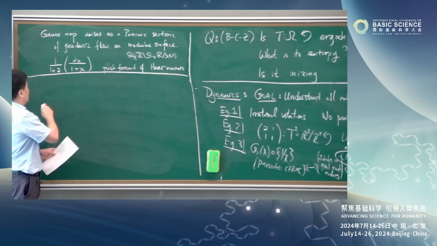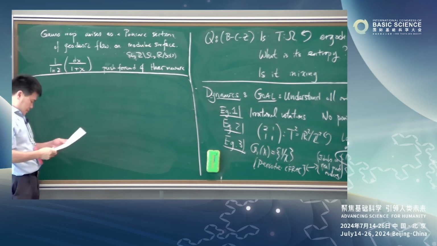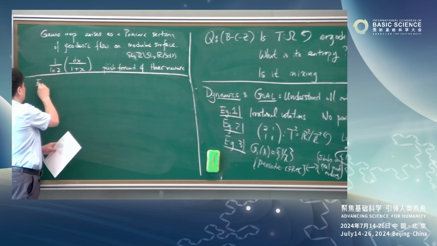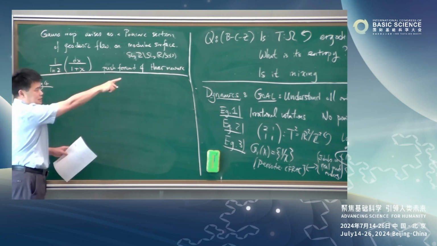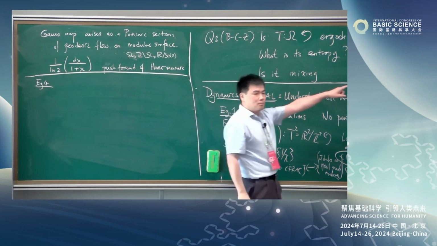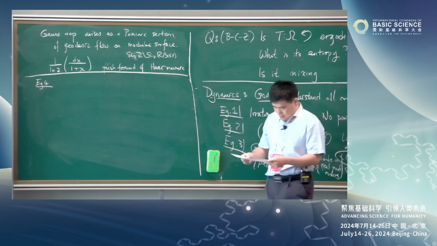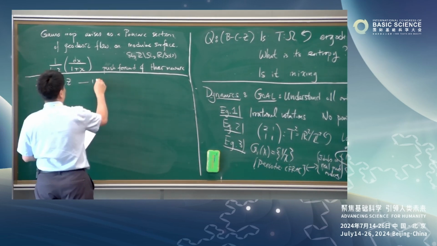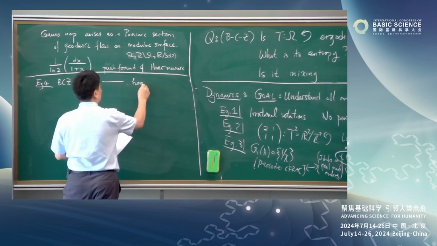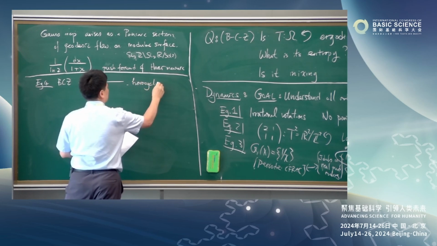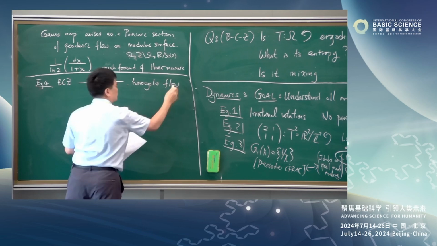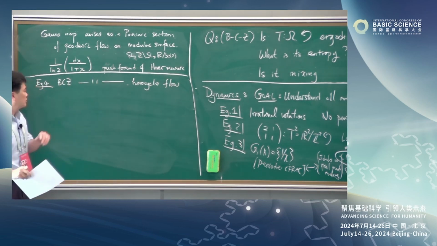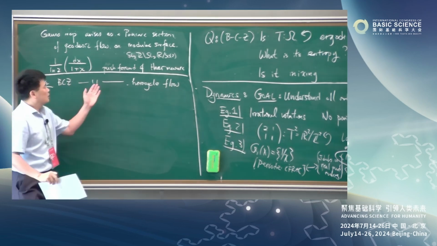Okay? Now, my fourth example is BCZ. It's this map that I put on the board. This is a Poincare section of the horocycle flow. If you don't know what horocycle flow is, don't worry. I'm not going to use it.